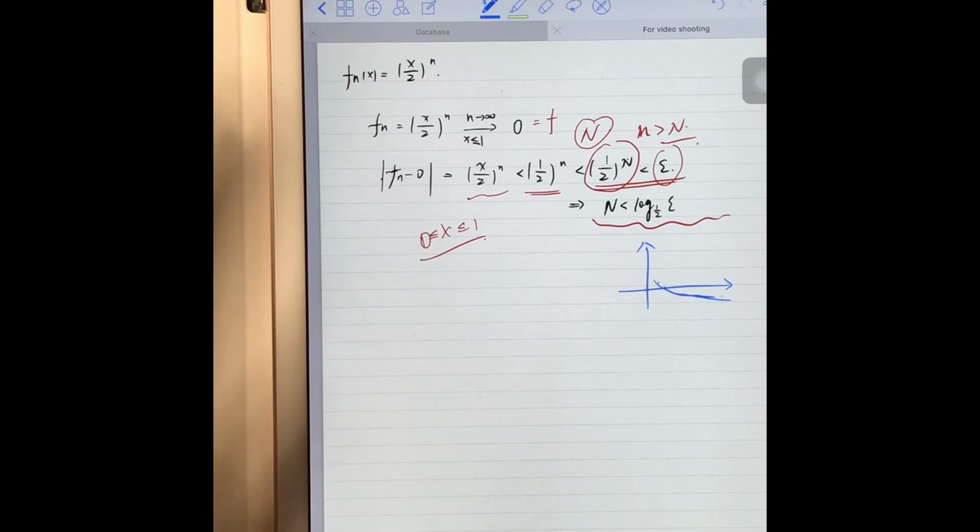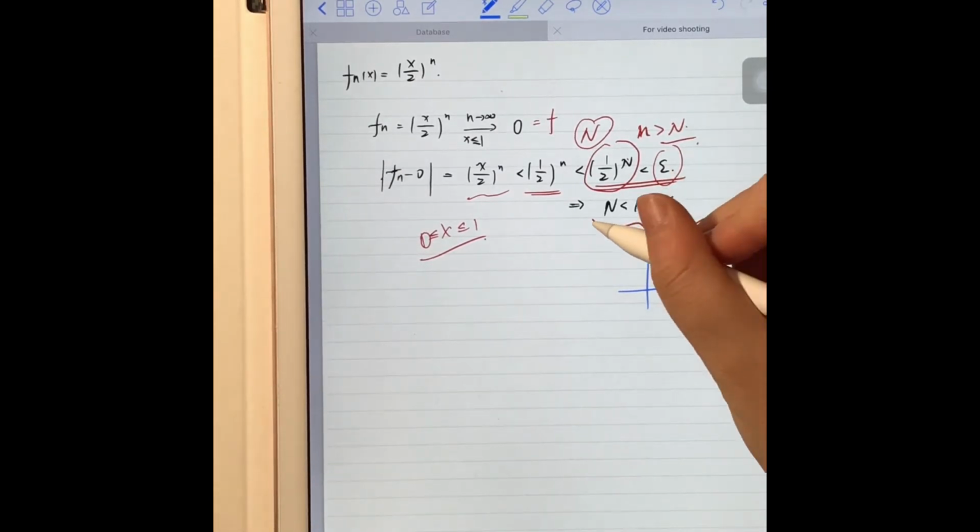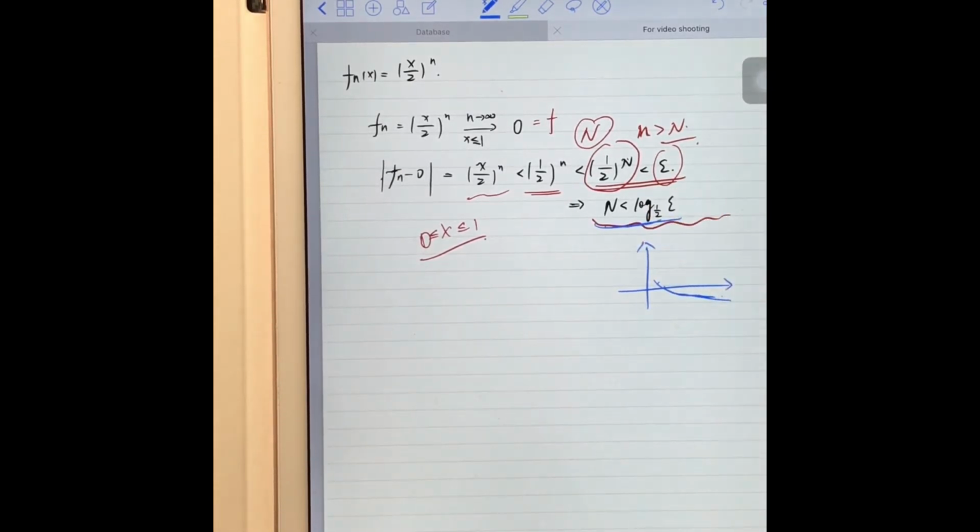It cannot be smaller than n, right? So this only holds when epsilon is smaller than 1, and of course it's larger than 0, because we are taking a positive epsilon, right? So what happens if epsilon is larger than or equal to 1?